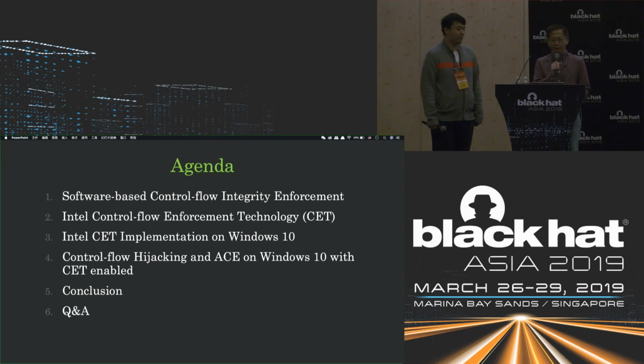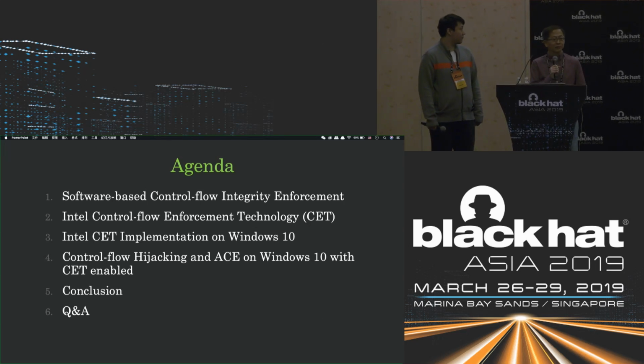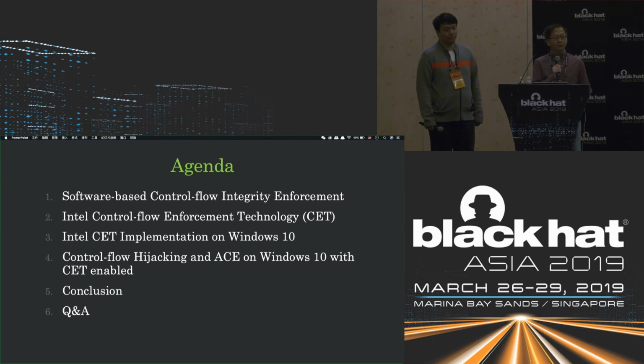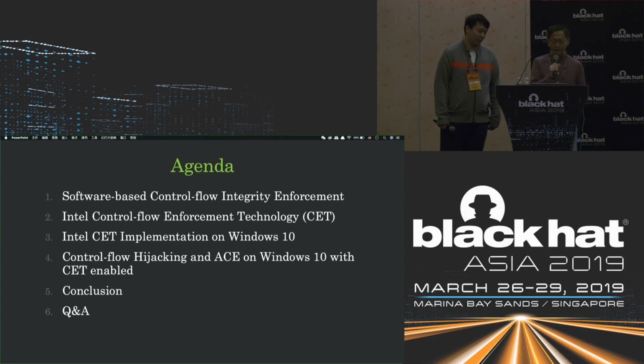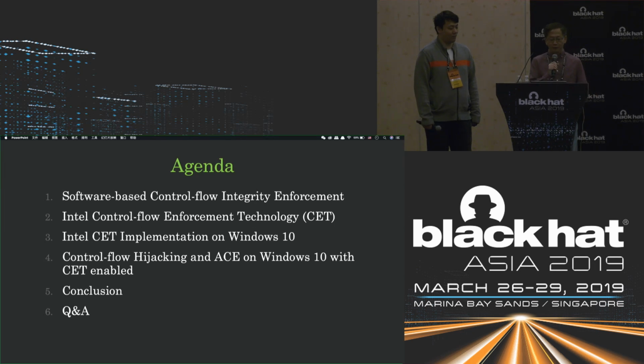Now here is the agenda. Our topic is how to survive the hardware-assisted CET, the Control-flow Enforcement Technology. We would like to start with a little bit of history, where we describe the software solution first for control flow integrity enforcement. Based on that, we'll introduce Intel's new feature for control flow enforcement, CET.